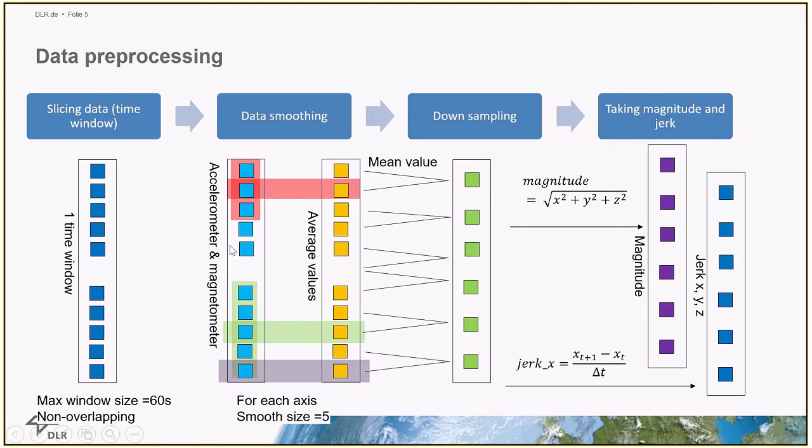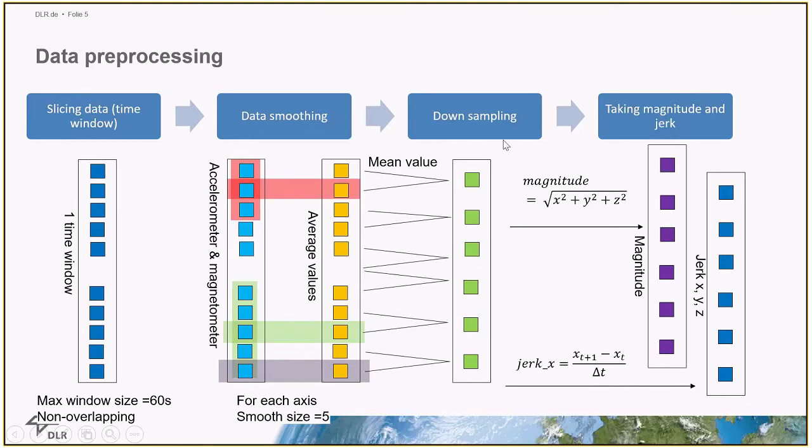For each axis, we take the average value of every 5 data items. If the data item is at the beginning or at the end, for example here, the average value of 3 data items goes to the next step, and here is the same value as before smoothing.